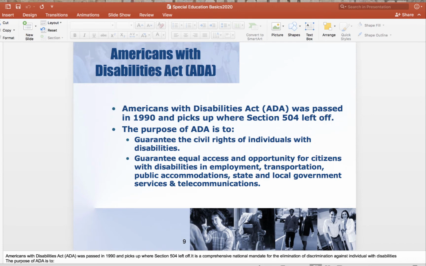The Americans with Disabilities Act is a very interesting one. The Americans with Disabilities Act is an accessibility act, and that's important for us to think about too. That's where we started seeing all the cutaways on the sidewalk, elevators, ramps, all sorts of things like that. It came because of the ADA.